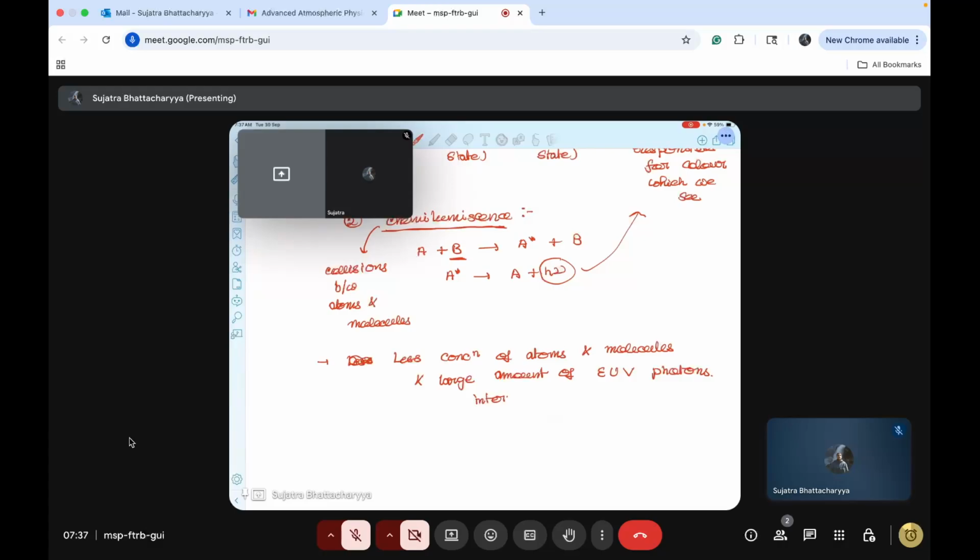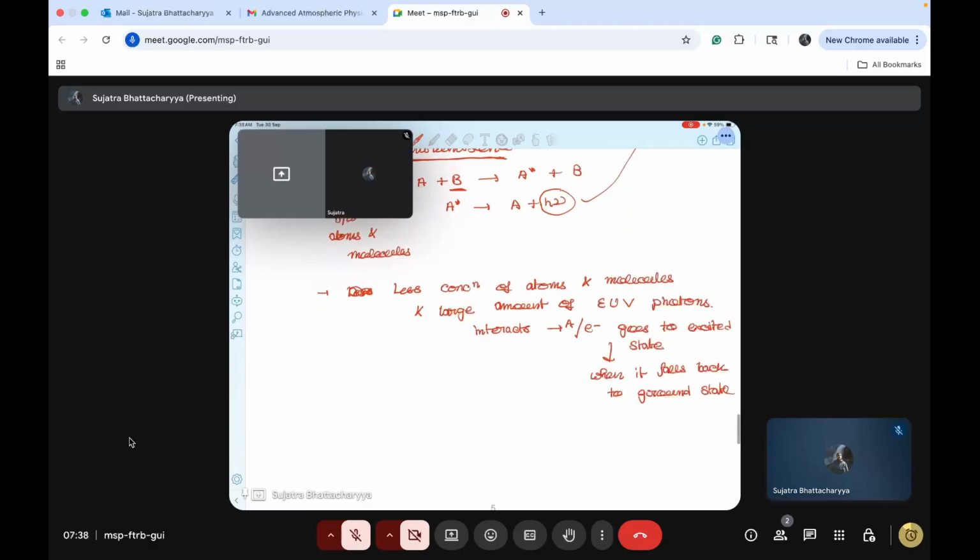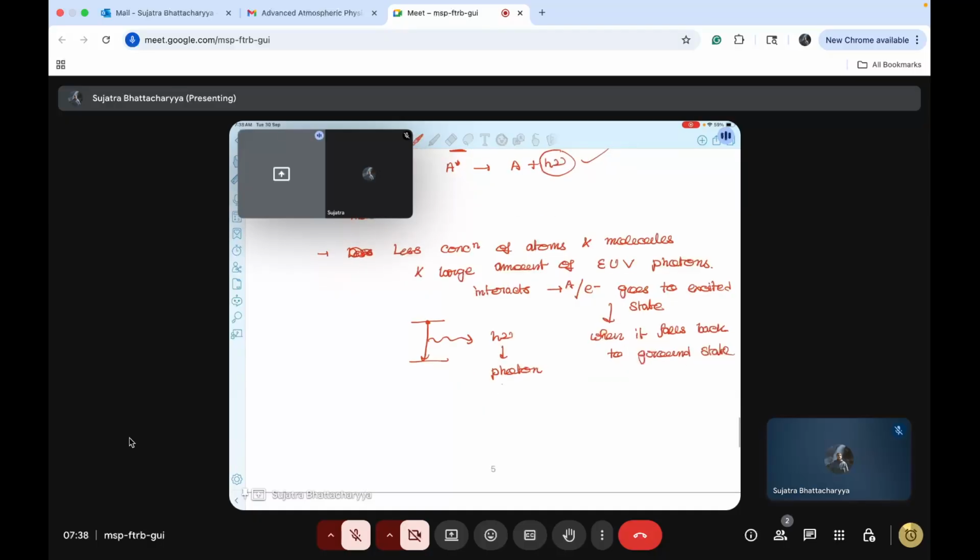The photons interact and the electrons go to the excited state, and when it falls back to the ground state, it can be the electron, it can be the atom as well, the photon is released. So this is the main fundamental thing.